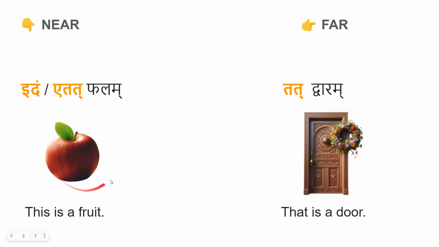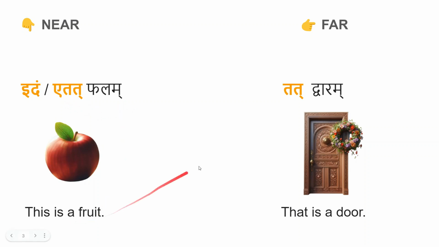As you can see here, this fruit, even though I have mentioned apple, it's not apple in the sense, here I'm using it in the sense of a fruit. So this fruit is near me, so I can say idam phalam, or I can say etat phalam.